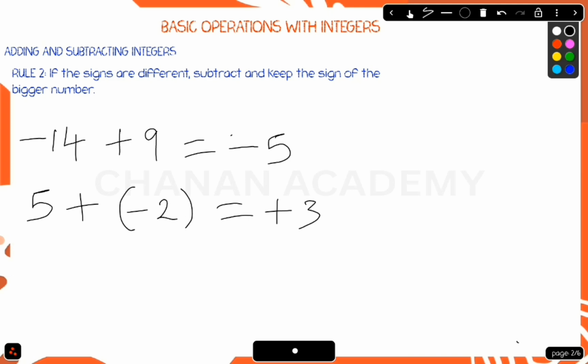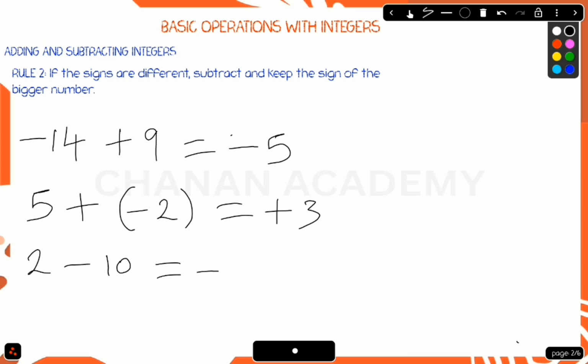Okay, so let's take another example. 2 minus 10. What will the result be? Let's follow the rule again. Keep the sign of the bigger number. Between 2 and 10, which is the bigger number? 10.